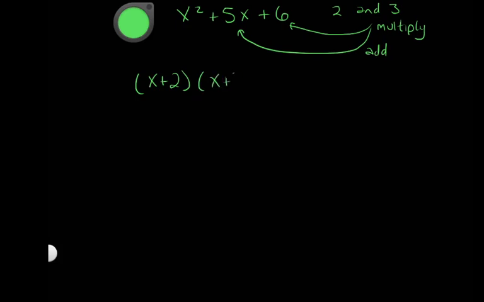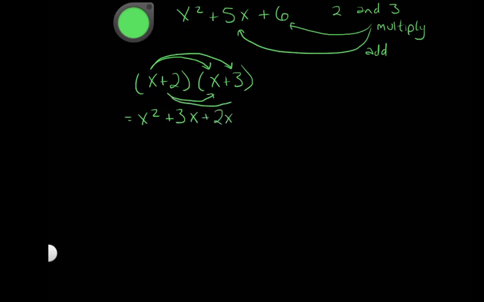So our factored form was x plus 2, x plus 3. I'm going to show you why this is, because if I expand this, I get x times x is x squared. x times 3 is 3x. 2 times x is 2x.